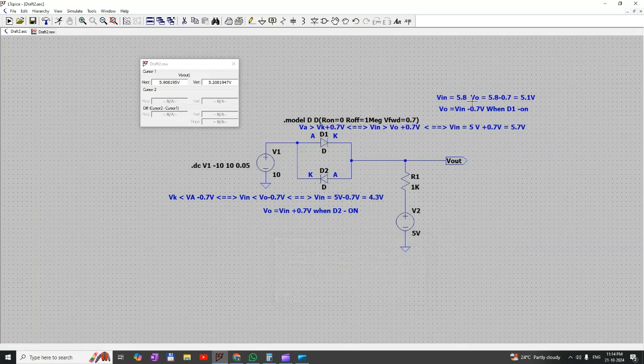Okay. Similarly, it will increase: when it is 5.9, it will become 5.2. It will get 5.2.